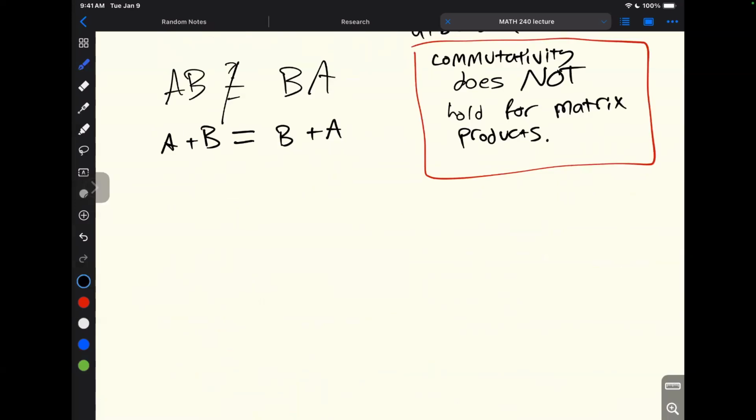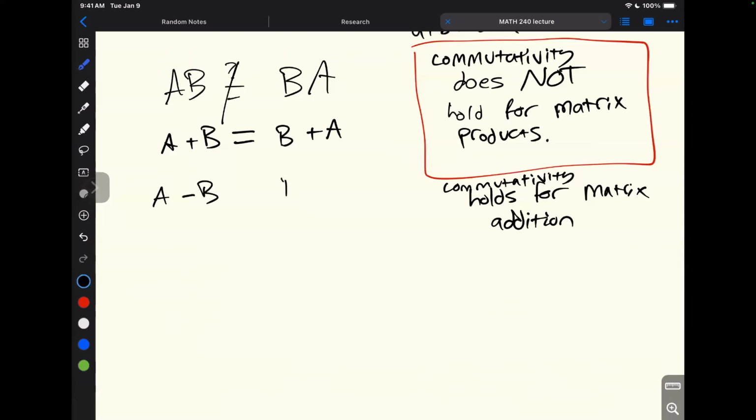So commutativity holds for matrix addition. What about A minus B and B minus A?